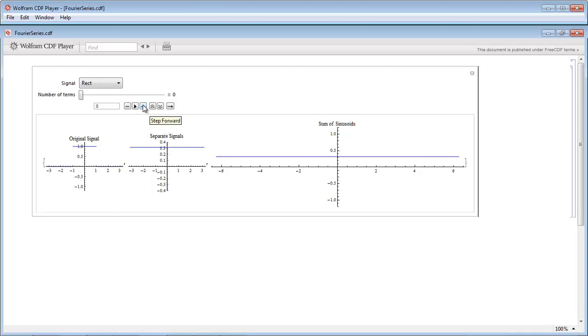But if we add sinusoids that have frequencies that are multiples of 1 over this length, this window length here, which goes from negative pi to pi, they're going to be of the form cosine kt, where k increases as I increase this number here.